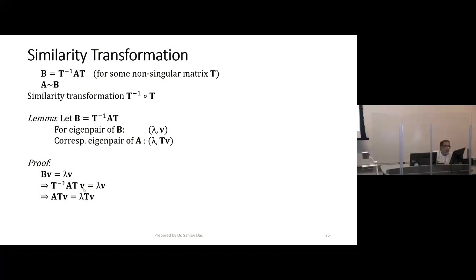So on this side we have A T V equals lambda T V. Whence, applying parentheses here, A times T V is a vector. A times this vector T V equals lambda times the same vector T V. So by definition, T V is an eigenvector of A and the corresponding eigenvalue is lambda. So lambda and T V is the corresponding eigenpair of A.